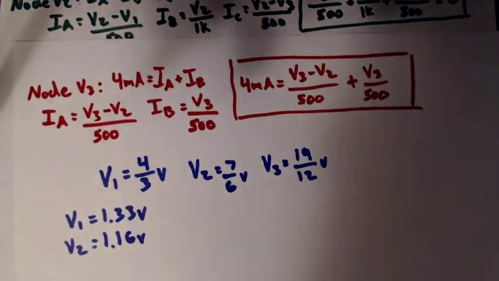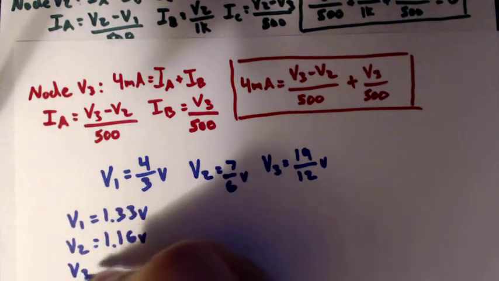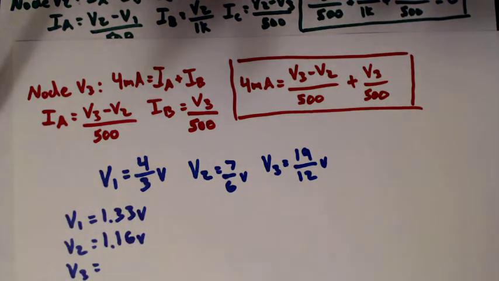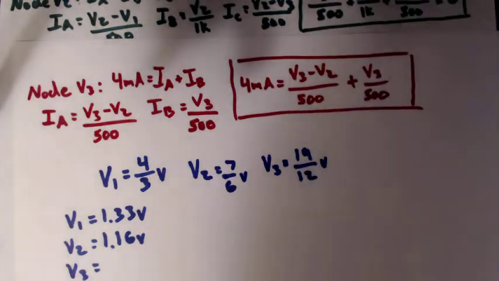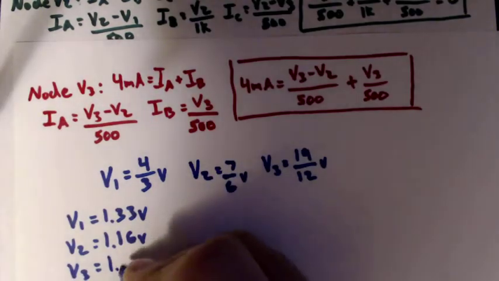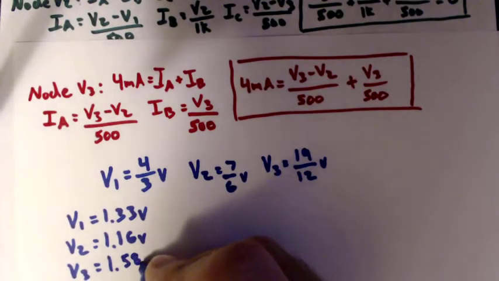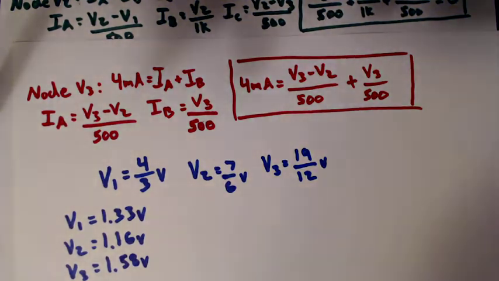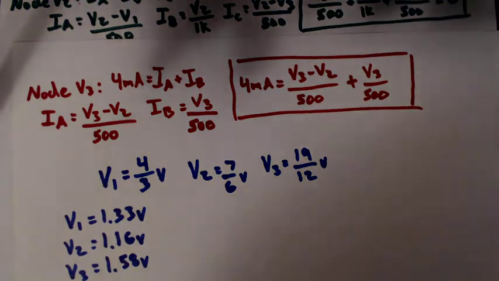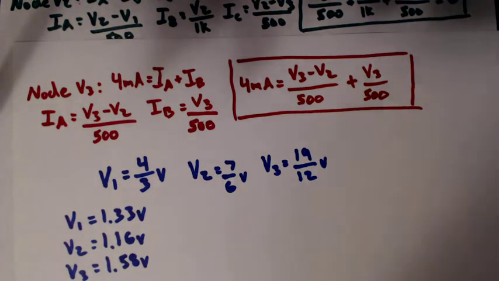I'm just going to take it out to 2 decimal points again. And V3 is equal to 19 divided by 12, which is 1.58 volts. It's actually 1.5833333, repeating. I'll just again take it out to 2 decimal points.